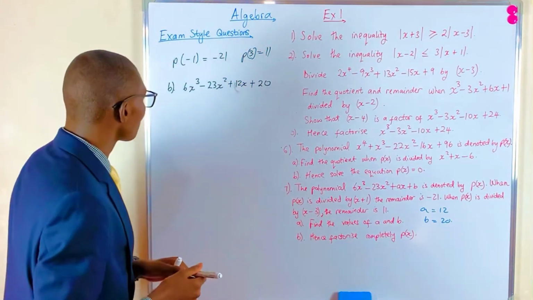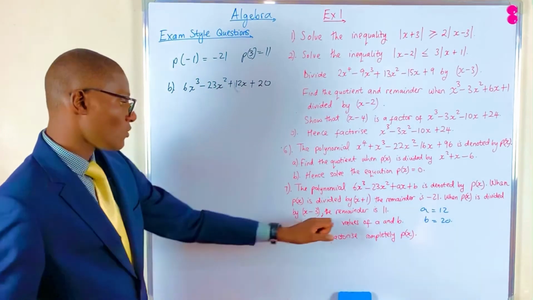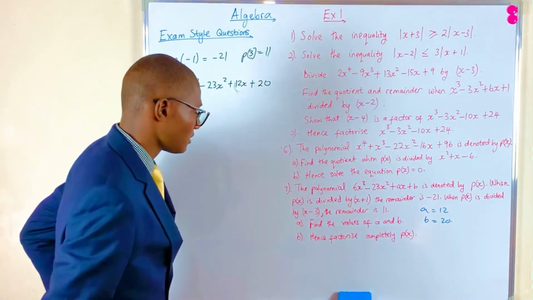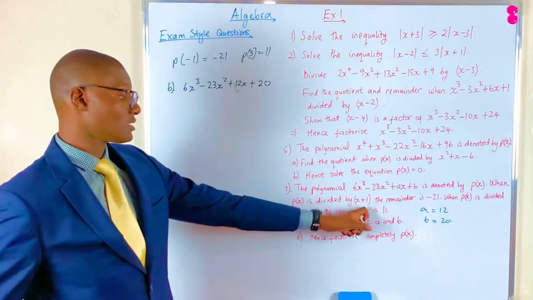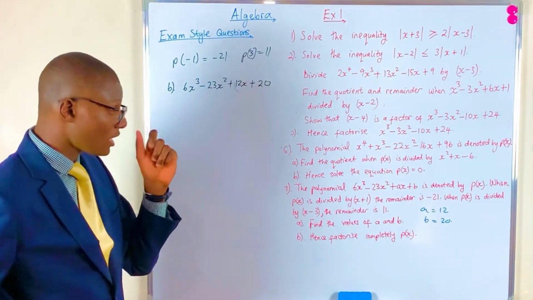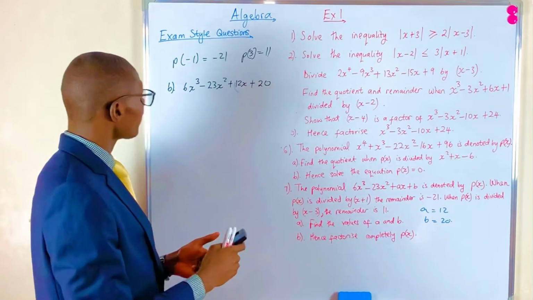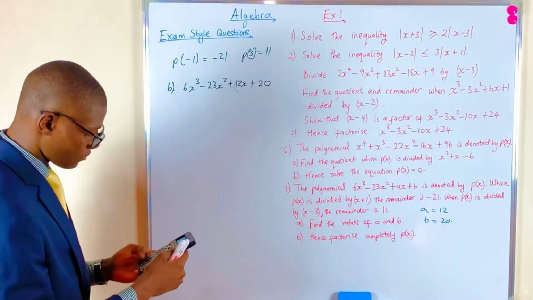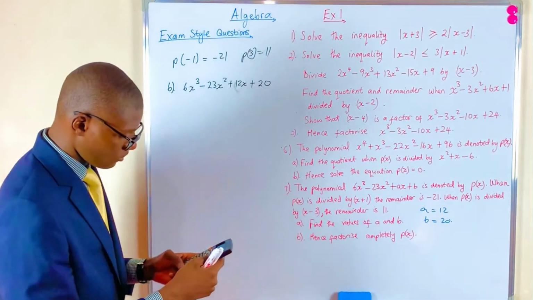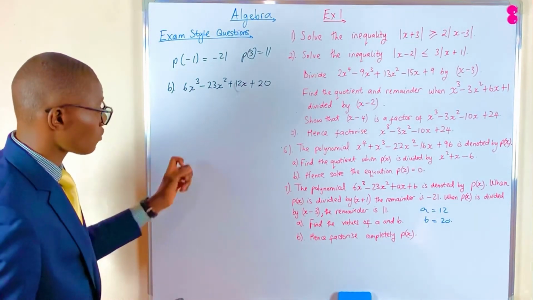So now if you come up with trial and error, we see that already minus 1 is not a factor, and 3 is not a factor. So let's try 1. So 6 minus 23 plus 12, then plus 20. So 1 is not a factor.